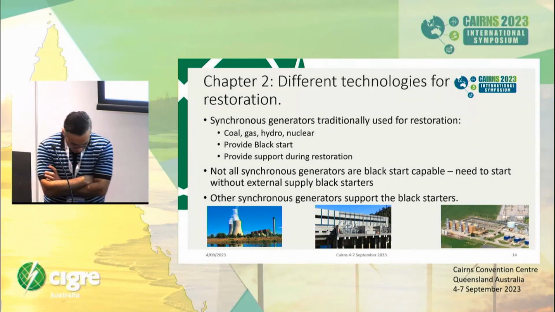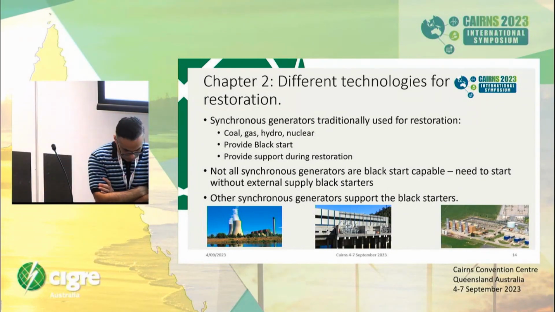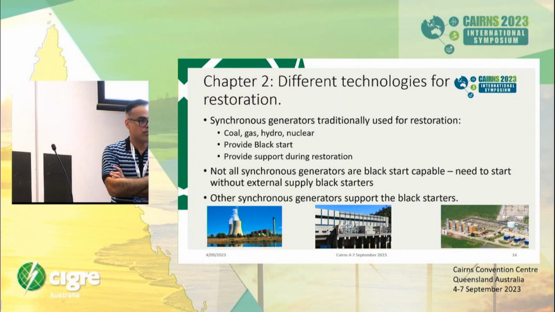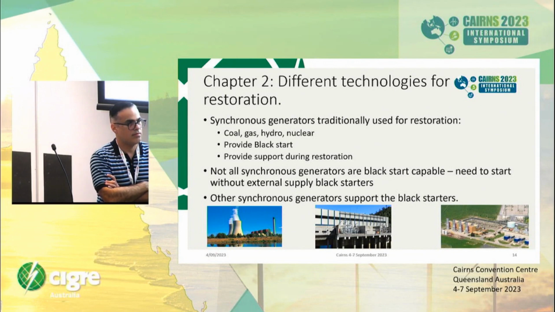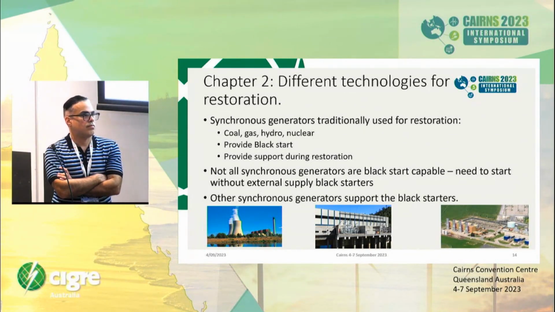Whatever Babak mentioned was an example of IBR black starting something. It was not restoration. Restoration involves energizing EHV transformers, lines, and all that. That did not happen; it was more of an IBR starting maybe auxiliary load of some non-black start unit and things like that.